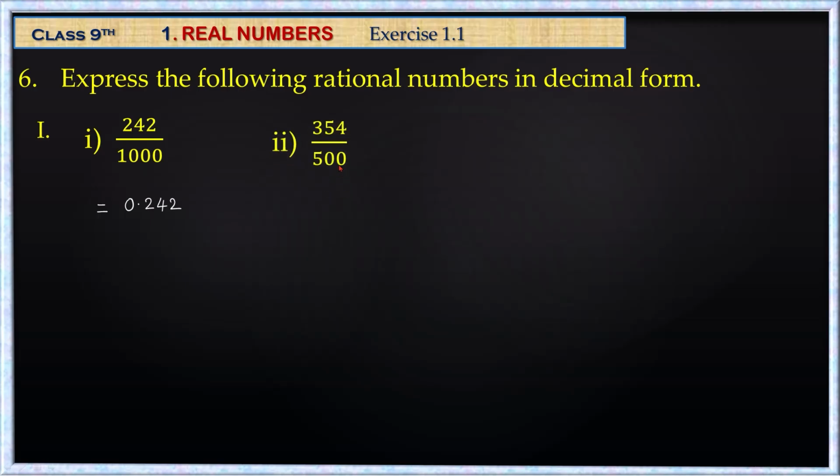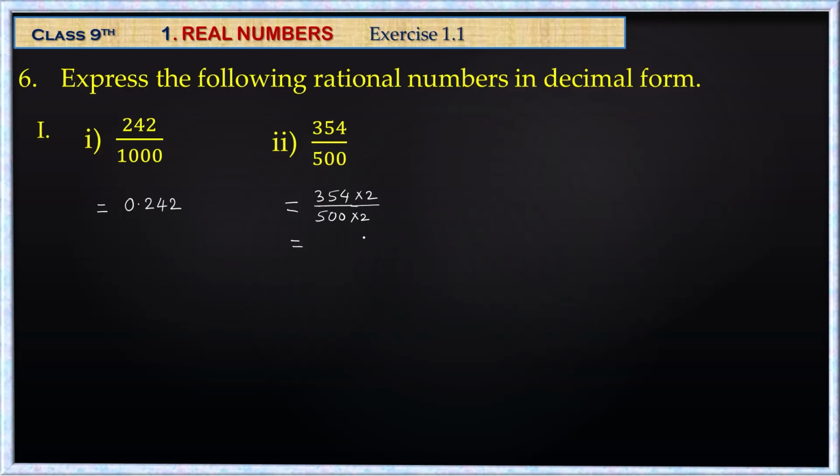Next one, 354 by 500. We can write it as 354 by 500. Convert this denominator into a multiple of 10 power n, that means convert it into 1000 by multiplying both the numerator and denominator by 2.